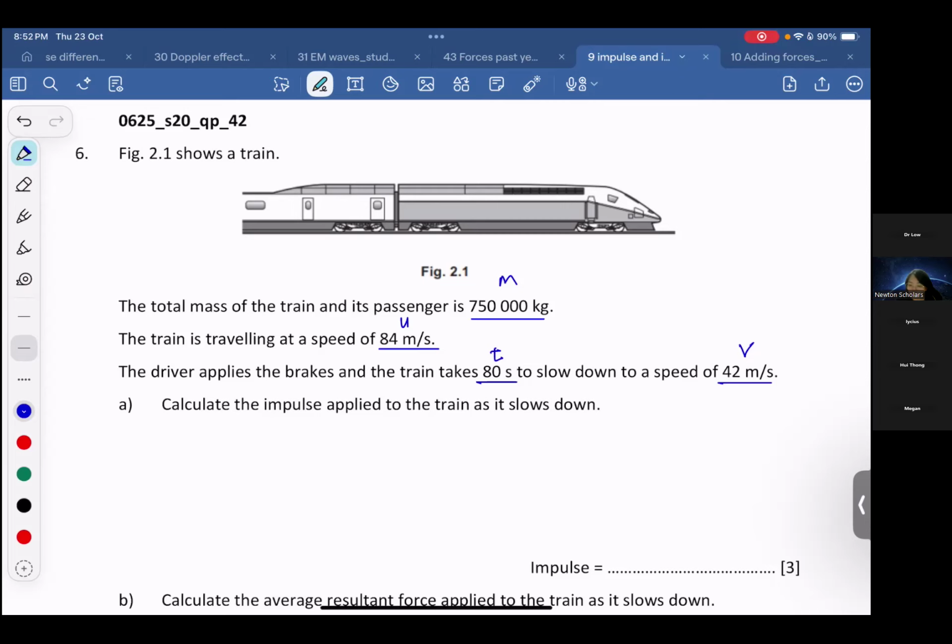Try to check again for any value that you made a mistake on. Any others? How about others? Impulse. Final is 42 minus initial.